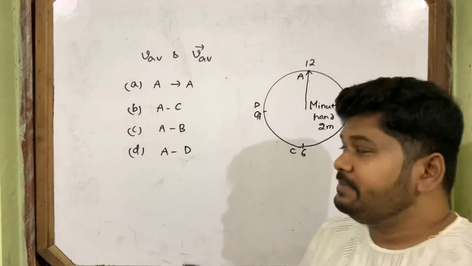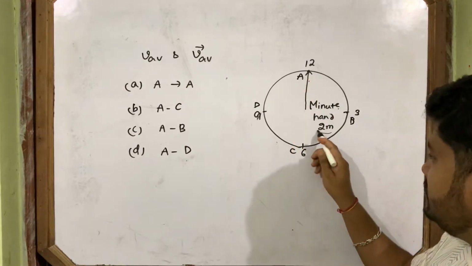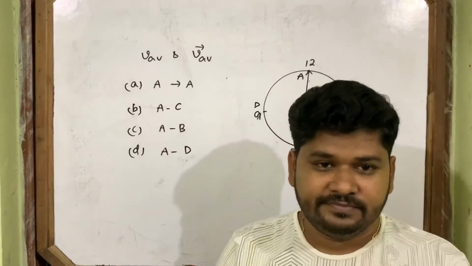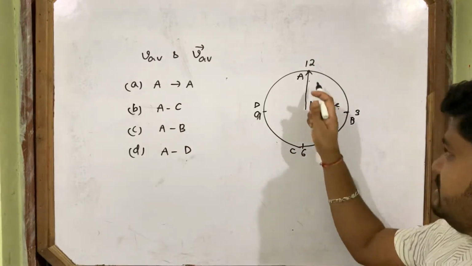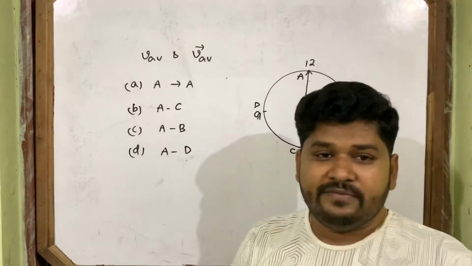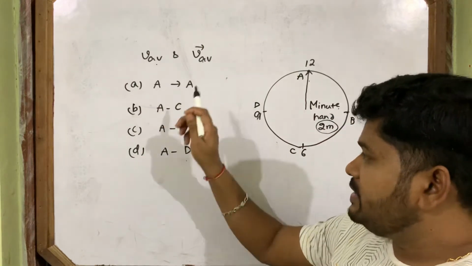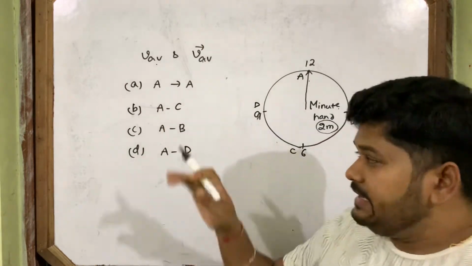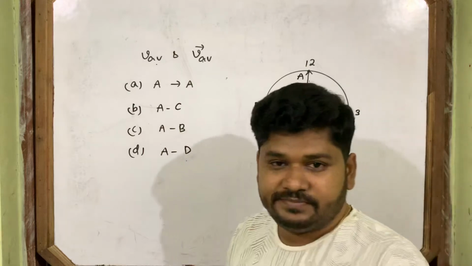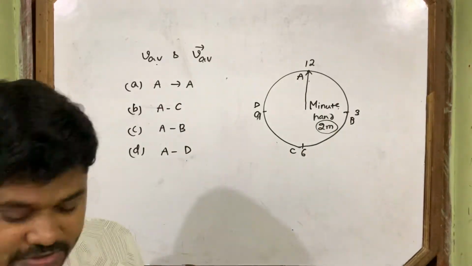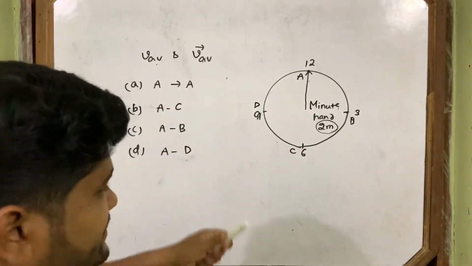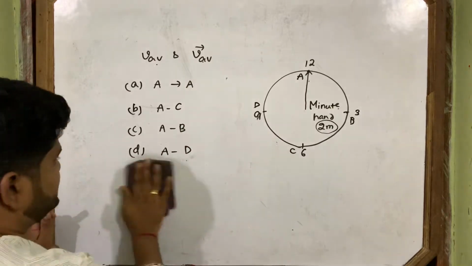The minute hand length I told you is 2 meters. This is a question for you to distinguish more between average speed and average velocity.